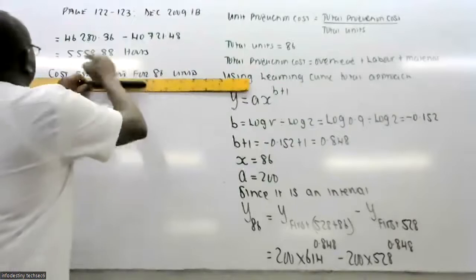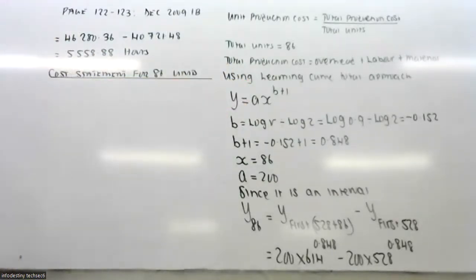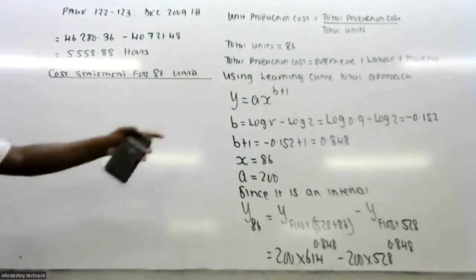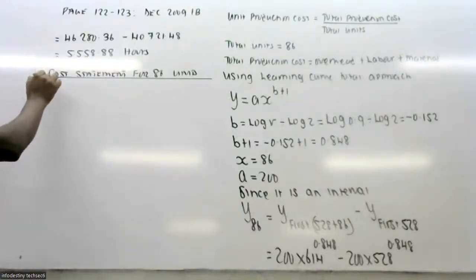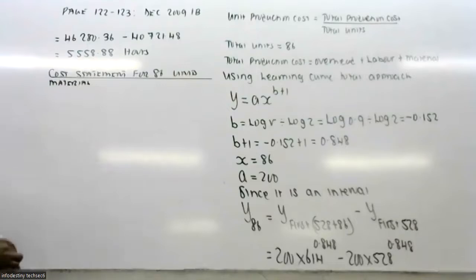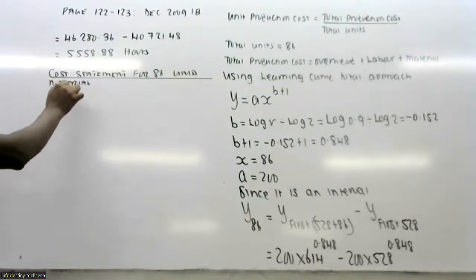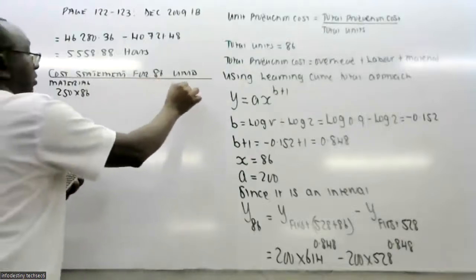We had said we have overhead, but we can start with material. For one unit we are told it is 250, so it is 250 times 86, which is 21,500.